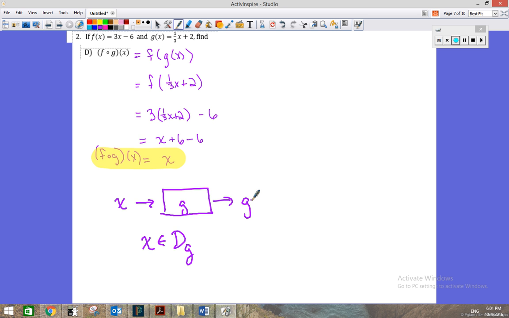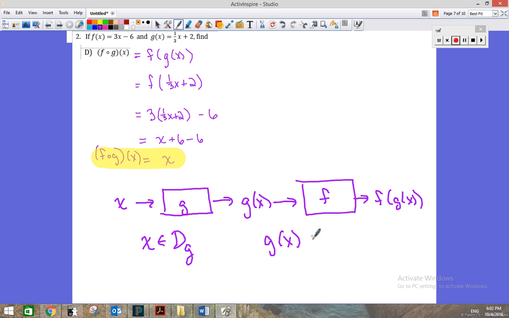The output, g of x, now is the input for f, so it has to be in the domain for f for it to have an output, f of g of x. So this g of x has to be in the domain of f.